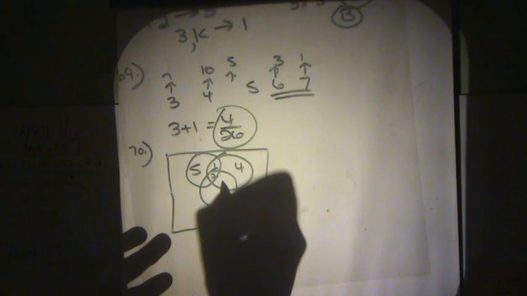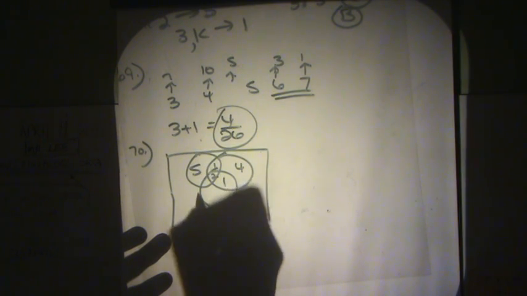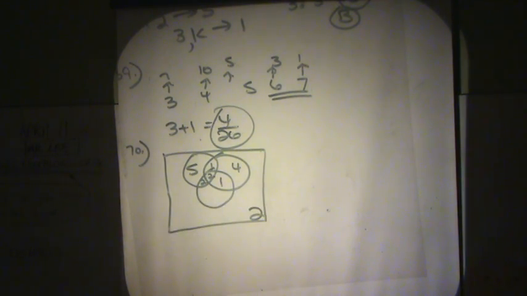I think that's a 2. I'm marked on these, so it's really hard for me to see. I think that's either a 2 or a 3. I can't really tell. I'm sorry. Let me check real quick.